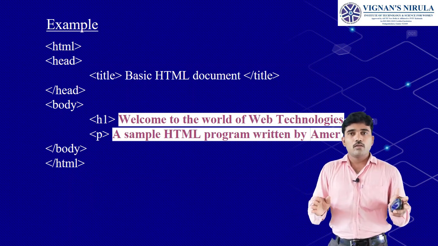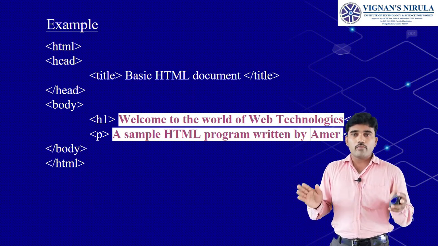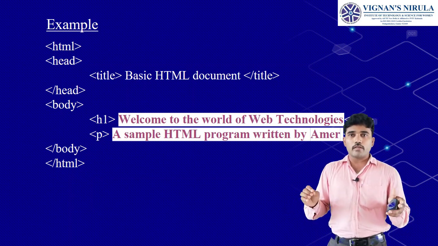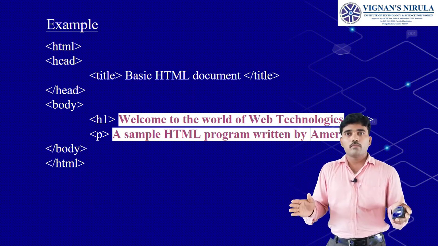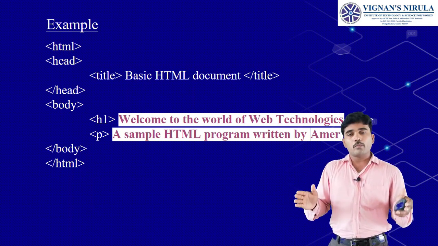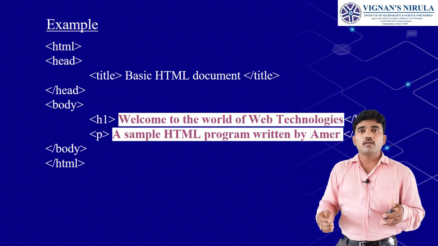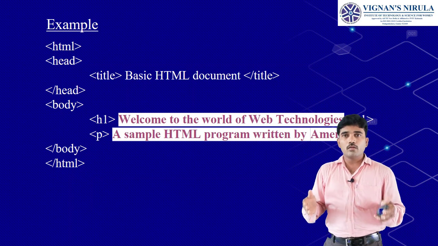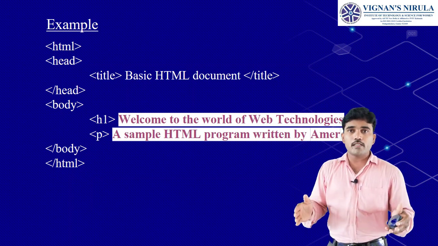Understand, like C or Java, this HTML document also has an extension, .html. So as with a Java program, you have to open a notepad, type this entire document, and save it in your location with a specified name which has the extension .html.